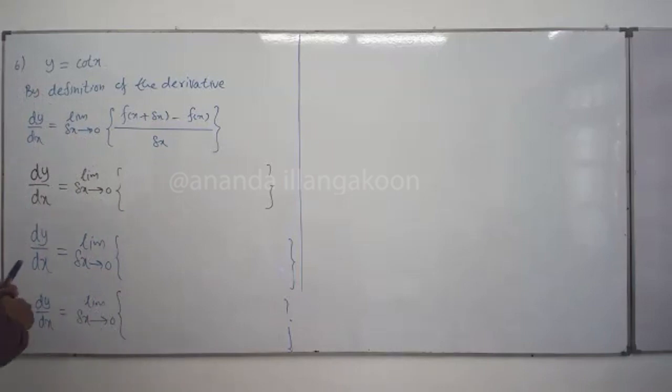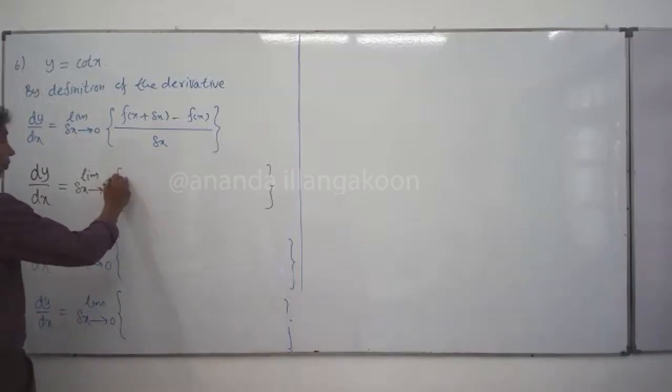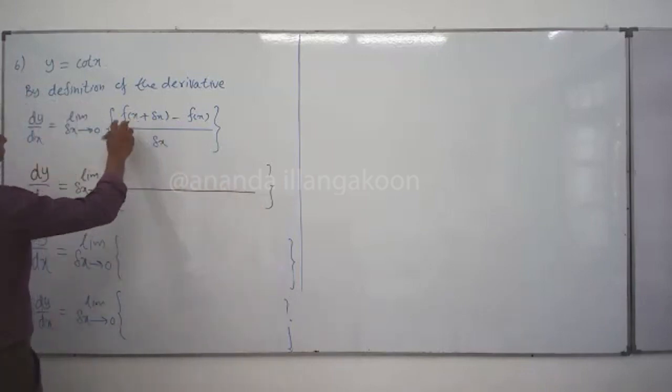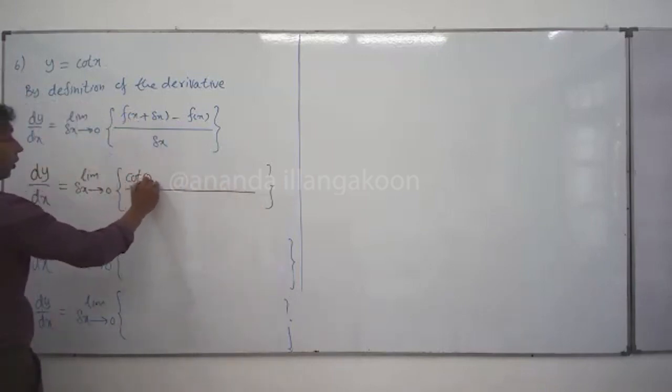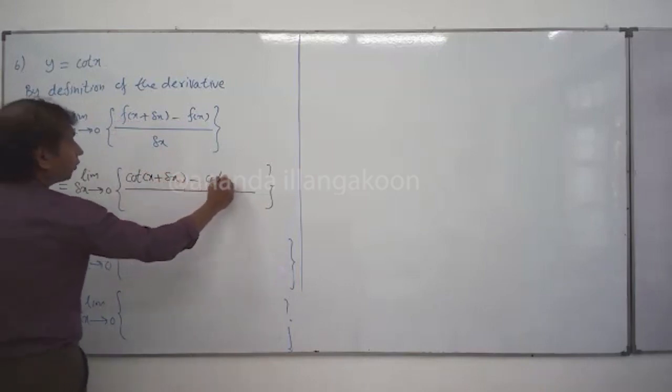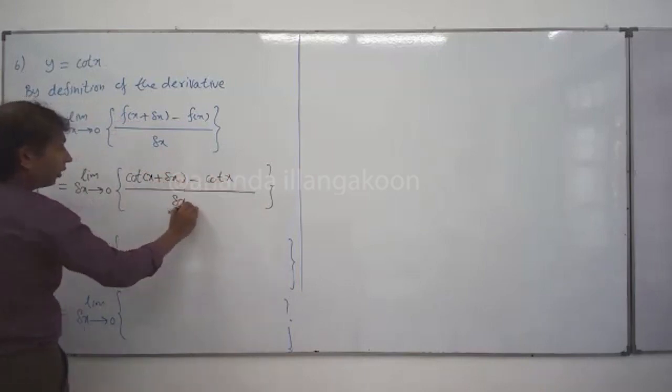Now, here: cot of (x plus delta x) minus cot x, divided by delta x.